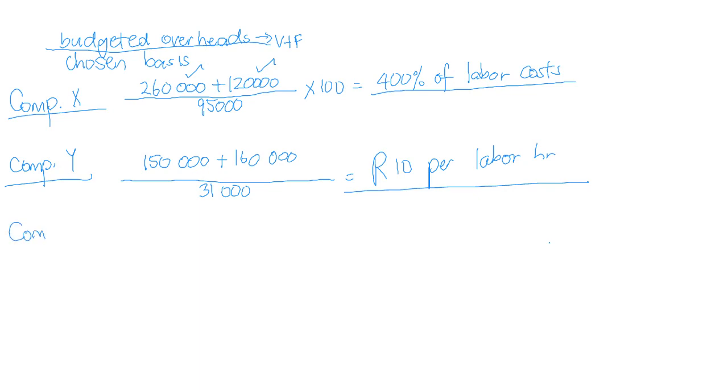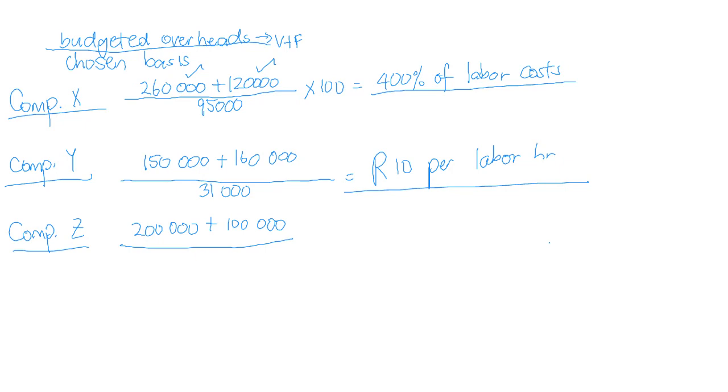Okay, and then company Z, exact same thing. You're going to look at your question, and for your variable and fixed overheads, it is 200,000 for variable and 100,000 for fixed. And then your denominator is the chosen basis for company Z, which is units of production. So you'll go back to the table at the top.